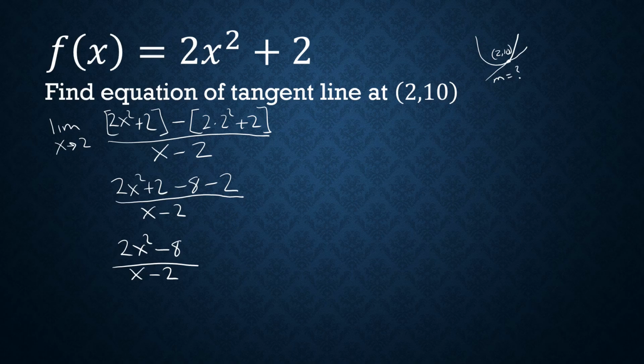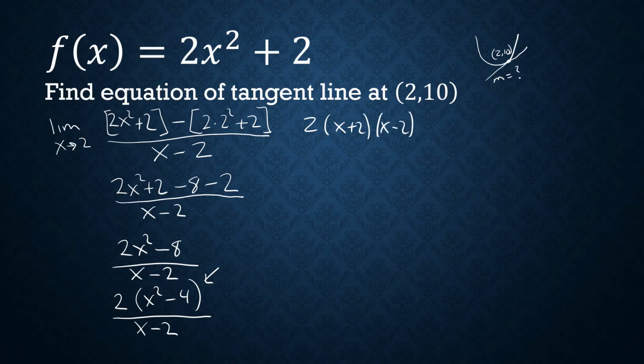Now if I factor out a 2 on the top, I have 2 times (x squared minus 4), and that's over x minus 2. Now if I remember my algebra, x squared minus 4 is the difference of two squares, so that becomes 2 times (x plus 2) times (x minus 2) over x minus 2.